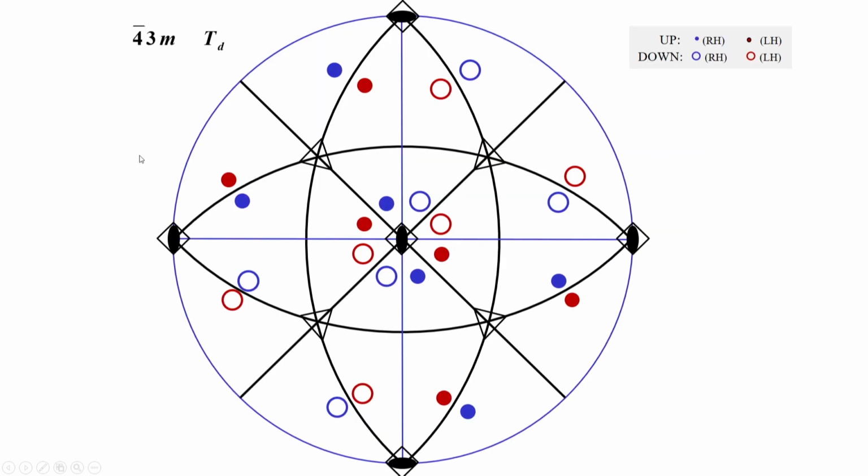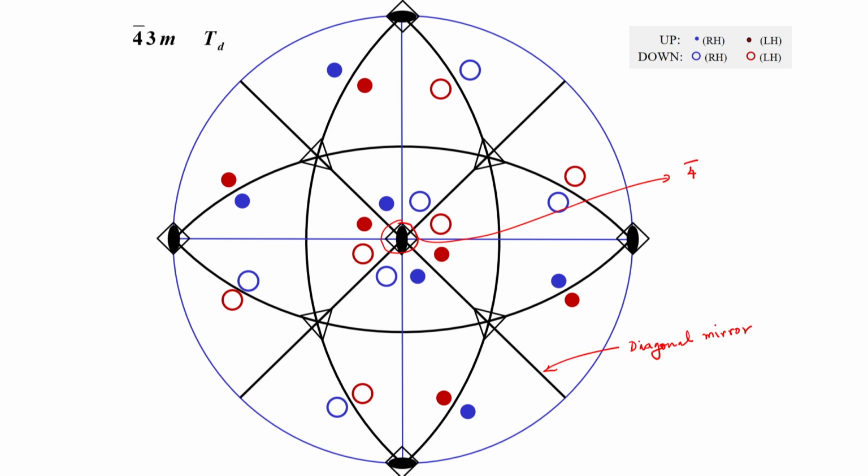So essentially, this is my diagonal mirror, and out here this is a four-fold roto-inversion axis, and the three-folds are at the same locations.